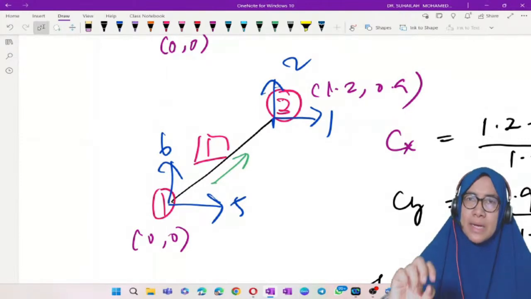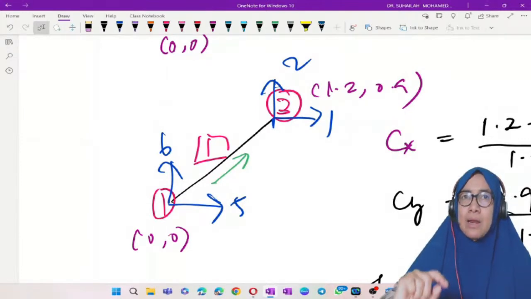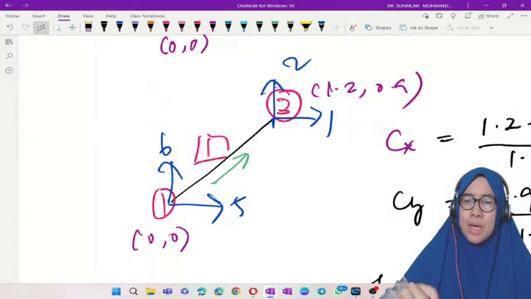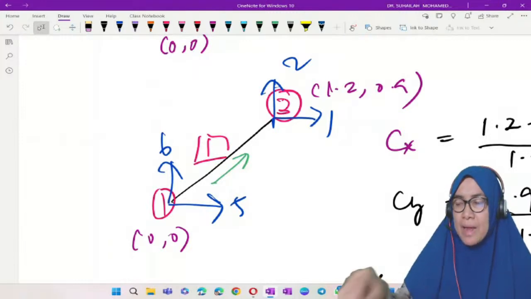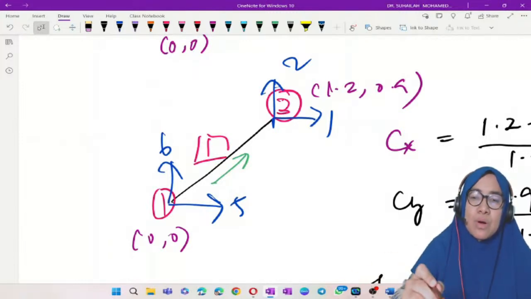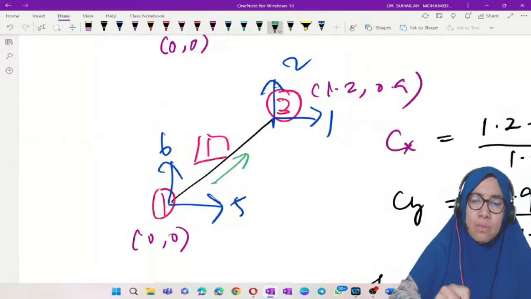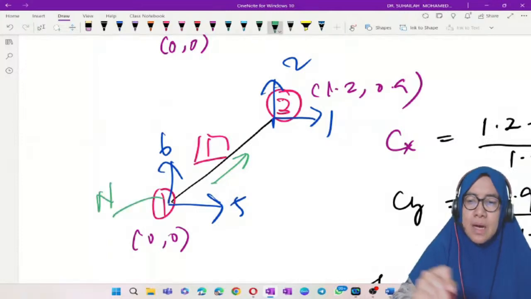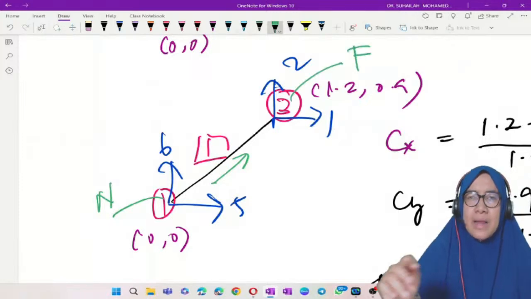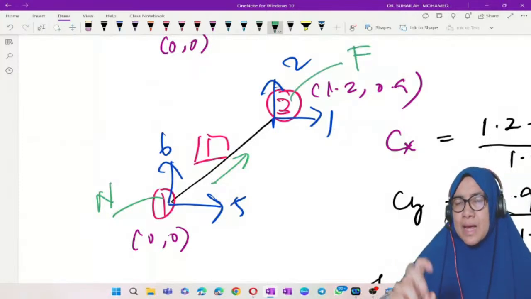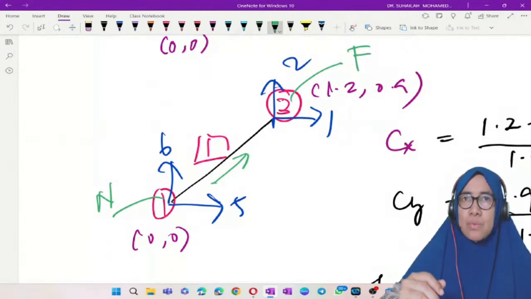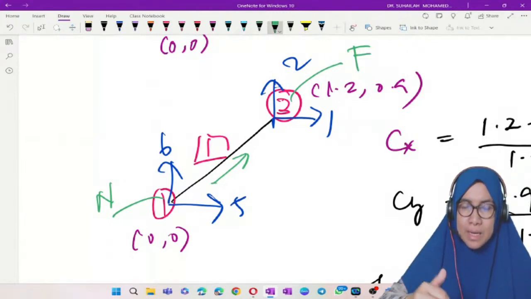Looking at the arrow, node number 1 is the near end, node number 3 is the far end. To label the element stiffness matrix, we start from near.